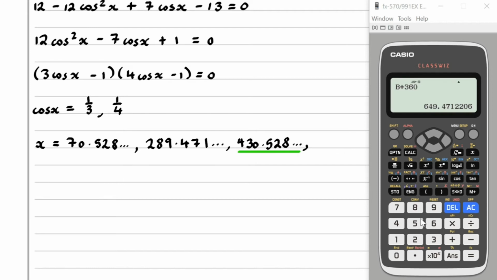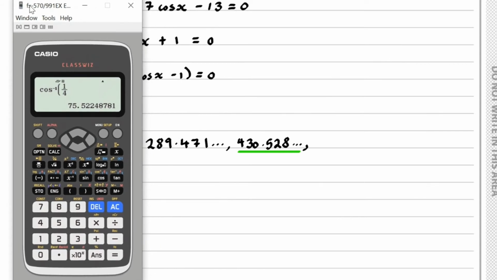Let's work out the other values. If I do the inverse cosine of 1/4, I get 75.522, etc. And if I store this into a, and if I do 360 minus this, I get 284.477, etc. And if I add 360 to this, I get something larger than 540.